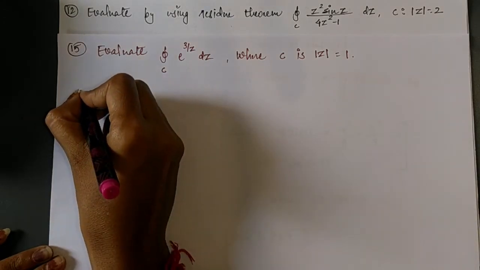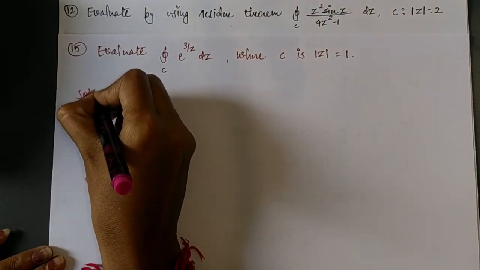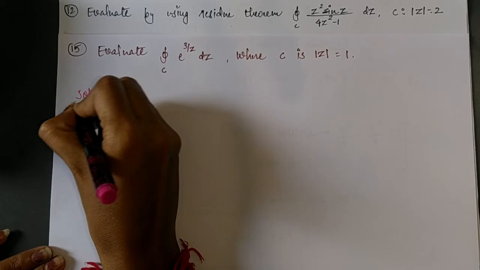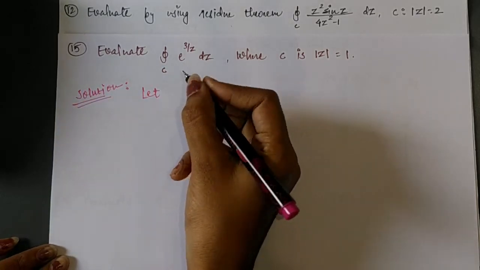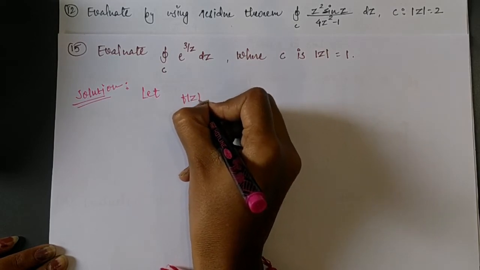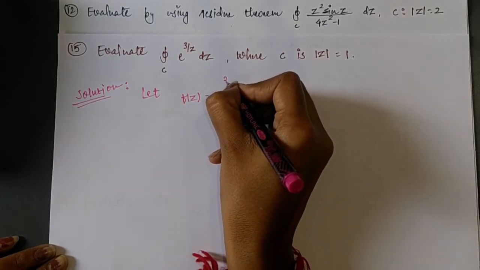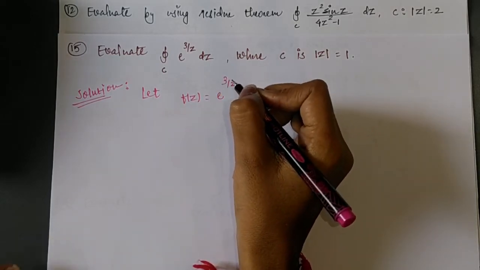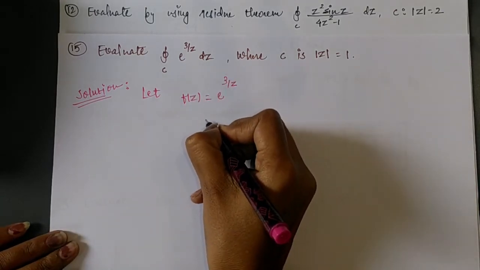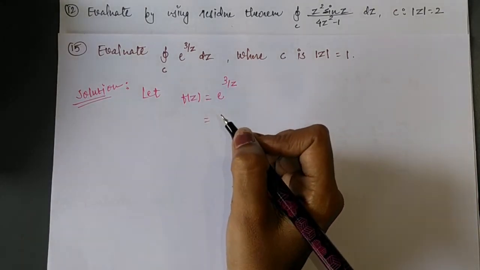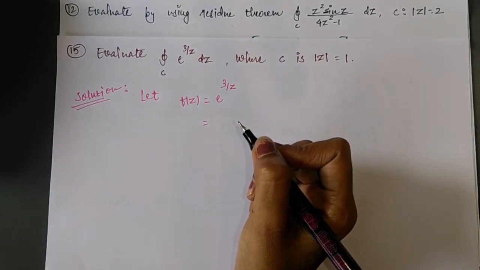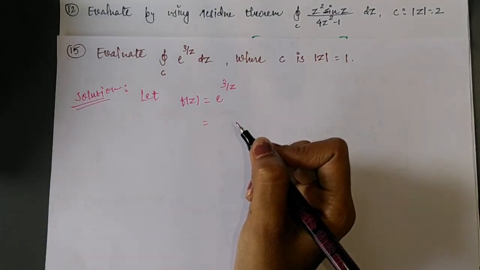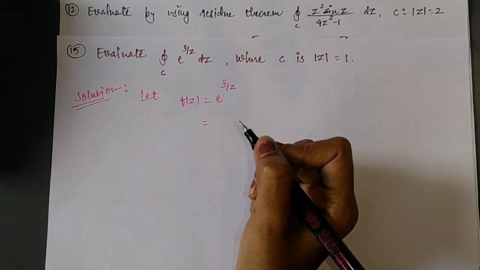First of all, I am writing: let the given function be f of z equals e raised to 3 by z. Here you have to expand this exponential. You know the series of e raised to x, by Laurent series, or by using the Taylor and Maclaurin series.